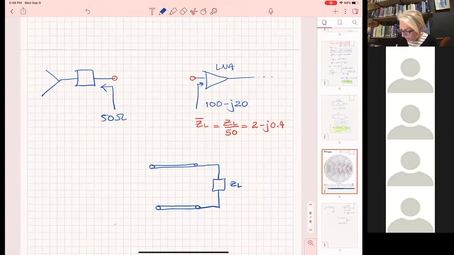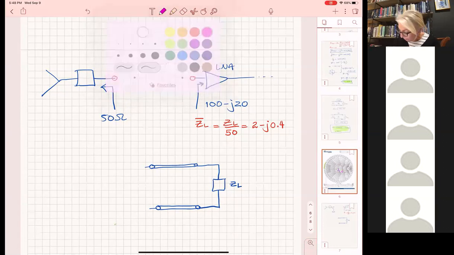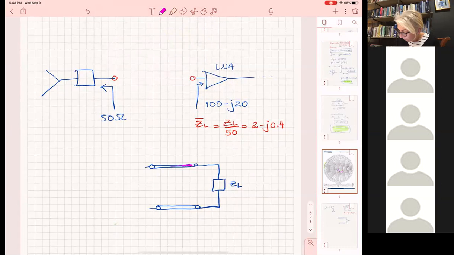All right, and then here we'll end with a stub, and we don't know yet what stub we have. We are going to, but we know that we have a section of the line, and that's what I said, coming from path P1. That's my transmission line. I'll tell you when we will know about the stub.